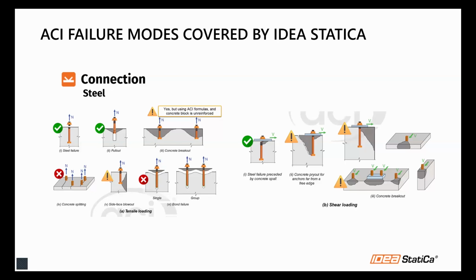The red X's aren't being checked. And anything with the yellow triangle, we're checking per ACI formulas, but it's really only looking at unreinforced concrete. We've been doing this for several years, and we've realized that there needs to be a next step for those analyses.